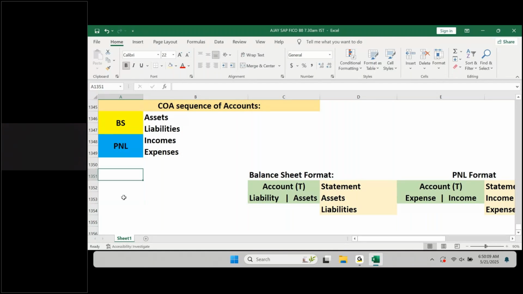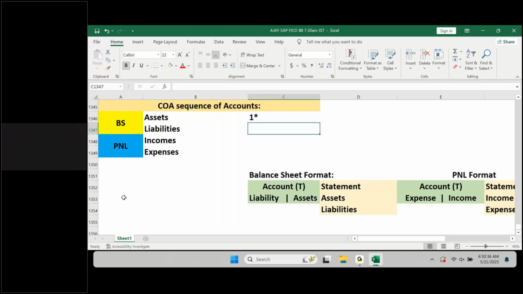Now, on the same sequence, you put numbering. For assets, I can put the starting digit 1. If only my starting digit is 1, can I put 1 star? 1 star means starting from number 1.